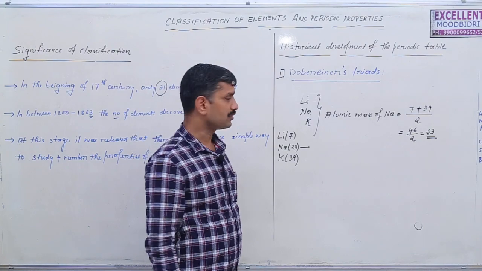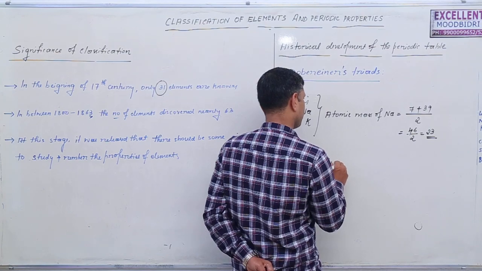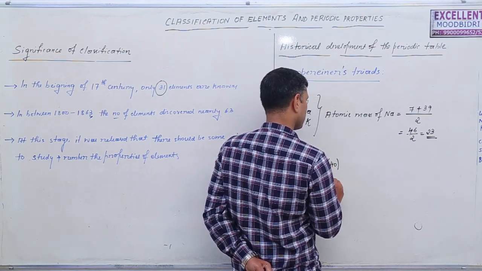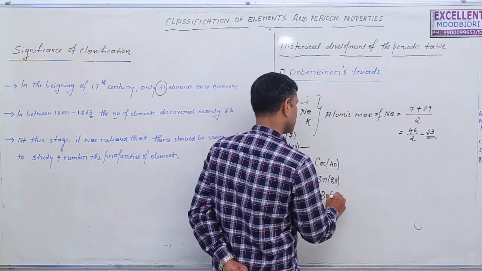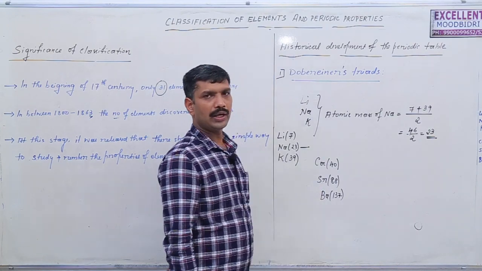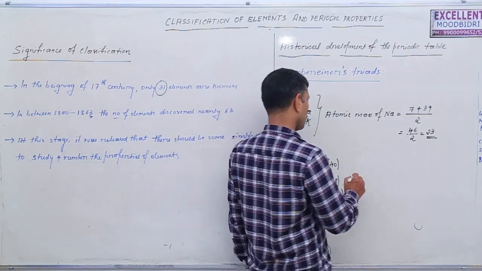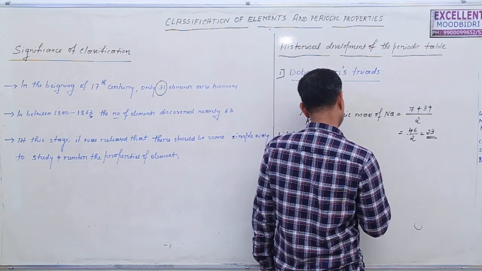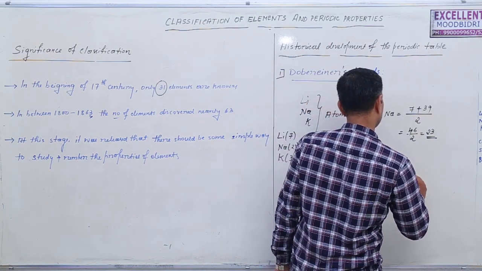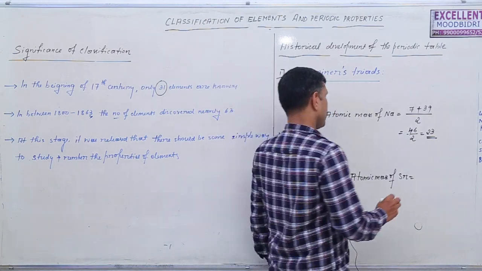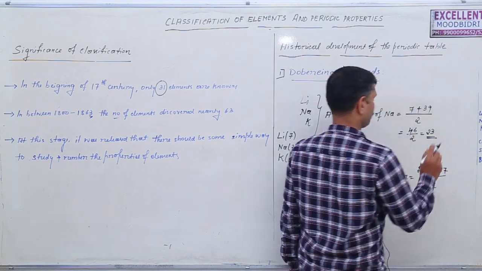Similarly, one more example: calcium atomic mass is 40, strontium atomic mass is 88, barium atomic mass is 137. Now the atomic mass of strontium is the arithmetic mean of the other two elements, calcium and barium. So the atomic mass of strontium is equal to 40 plus 137 divided by 2.